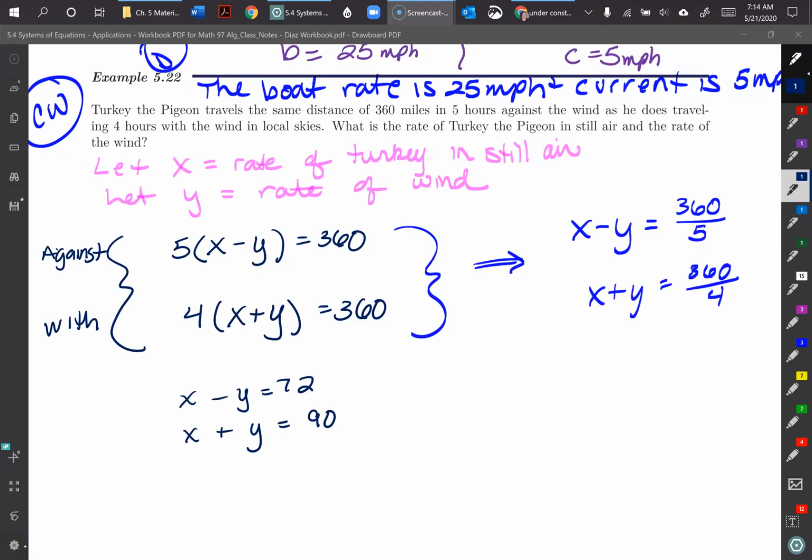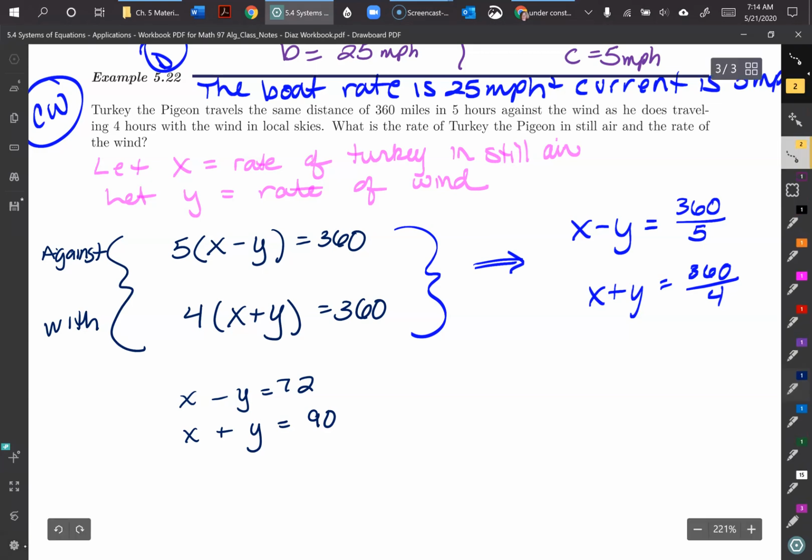Okay, so I'm going to stop here for a sec just to check in. So we have let x equal the rate of Turkey in still air, y equal the rate of the wind. We want to set up an equation for against the wind. Our time times our rate. The rate against is, again, the rate of Turkey in still air minus the rate of the wind, because it's pushing against, equals our total distance of 360.